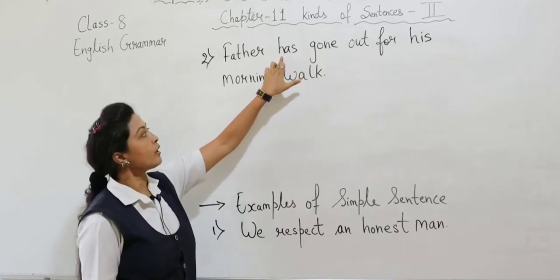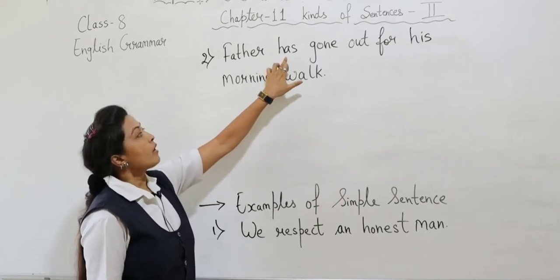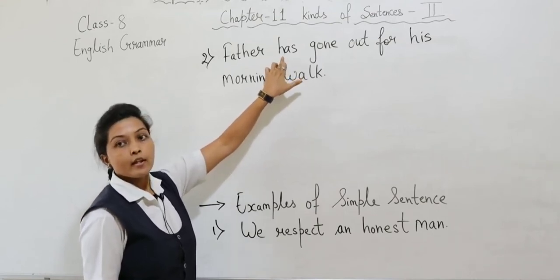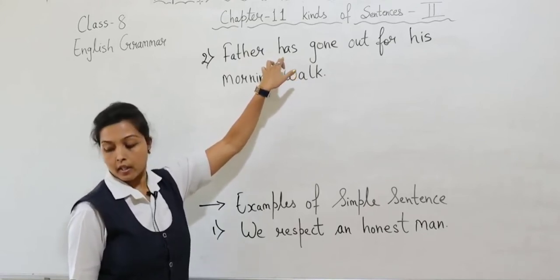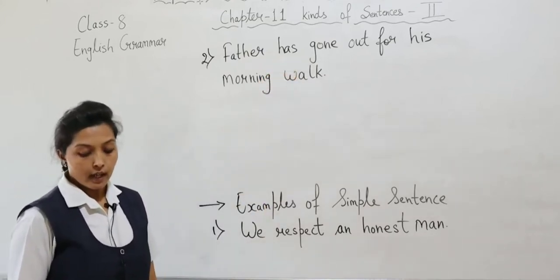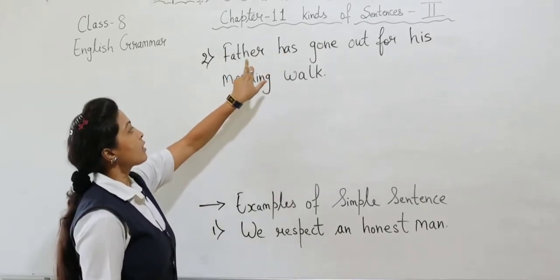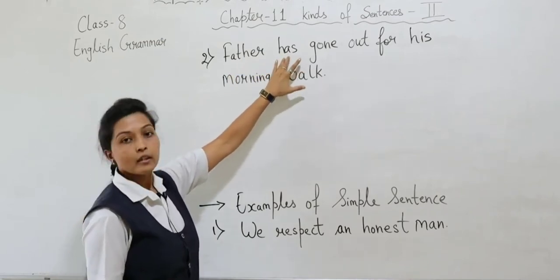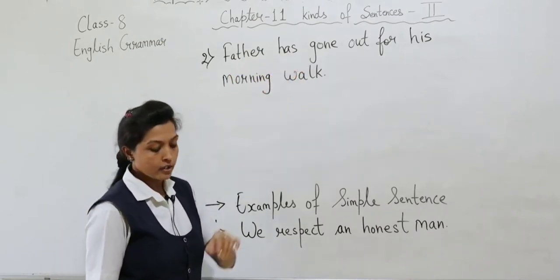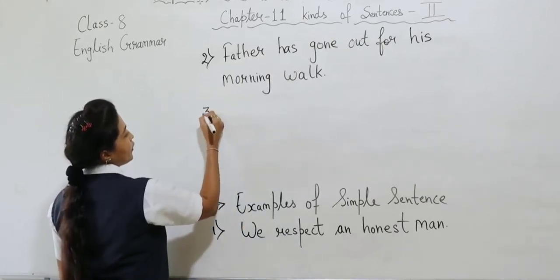So when auxiliary verb is there, we take it as a finite verb, and finite verb has a subject and shows tense. So, father is one subject and has, that is a finite verb.